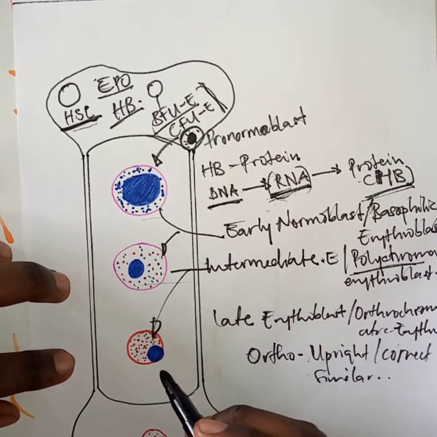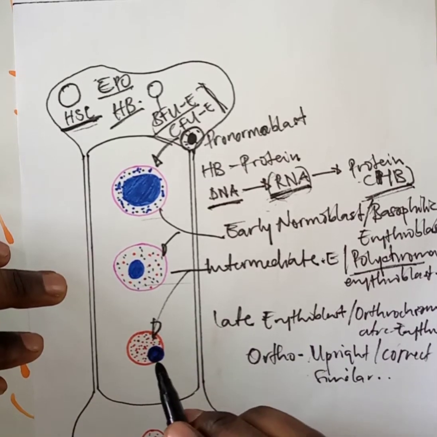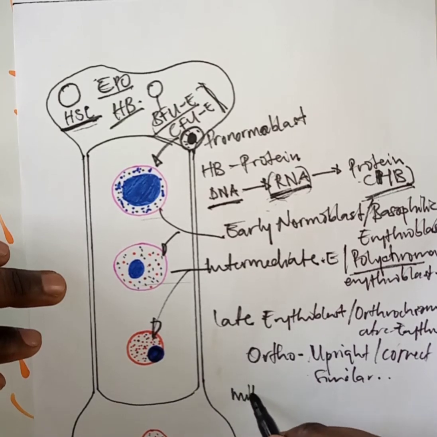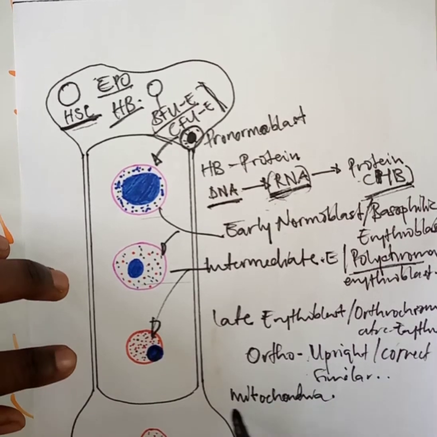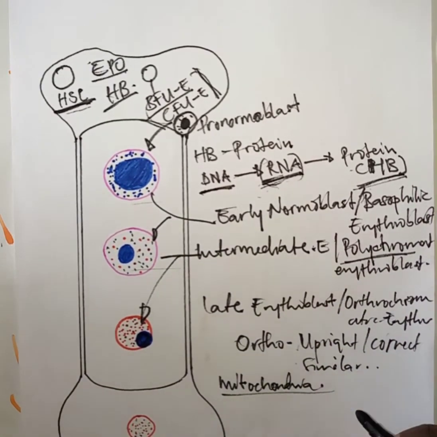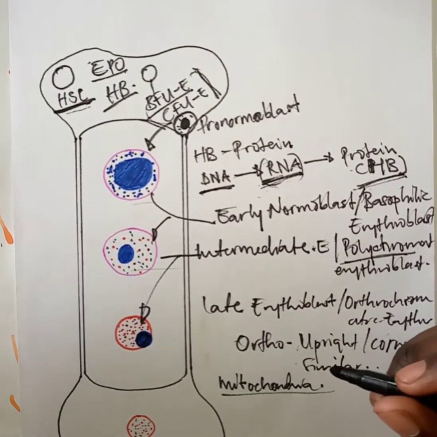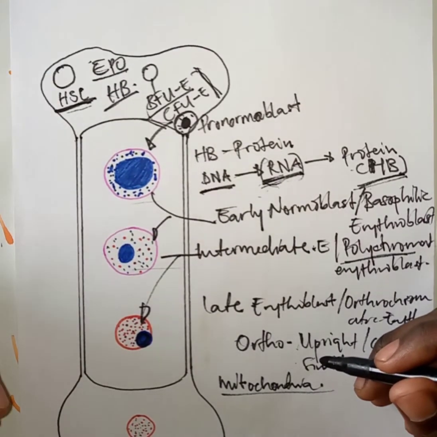Then finally, the nucleus is removed from the cell, and at this point we also have removal of the mitochondria. Why are we removing the mitochondria and the nucleus? The nucleus's component is needed in protein formation, so it has to go.